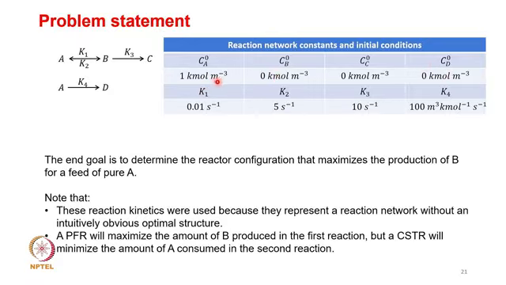You start with A and eventually B, C, D would be formed, having different k values, which are mentioned here. One is of course a reversible reaction, other two are forward reactions. So given this condition, can you define or develop a reactor network is what we are going to look into.